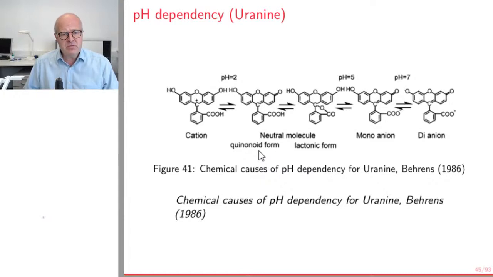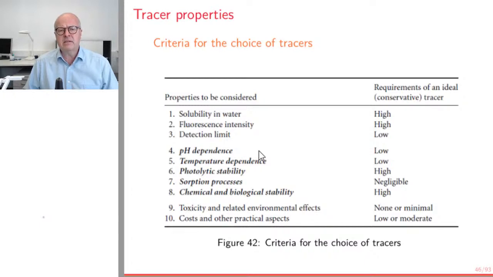There is a chemical reason for this: at different pHs, there are different equilibrium states of the molecule. The practical impact of this is that there is a pH dependency of the tracer. Now, why is this important? 20 years ago, most of the tracer experiments were just done by taking sample bottles, bringing them to the lab.